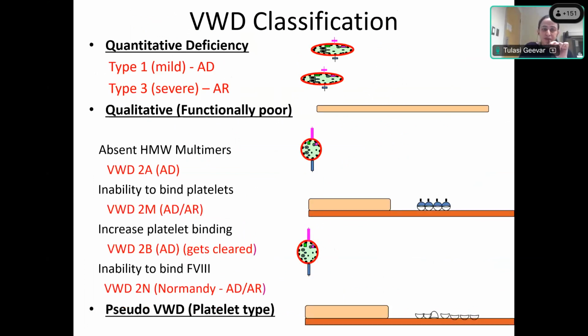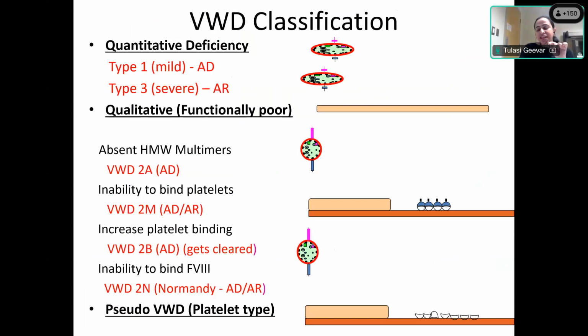Now, qualitative is when there is a discrepancy between the functional assay, the activity, versus the antigen. The different subtypes here are type 2A, 2M, 2B, and 2N. 2A is when there is loss of the high molecular weight multimers. Now we saw how important the high molecular weight multimers are for platelet adhesion.